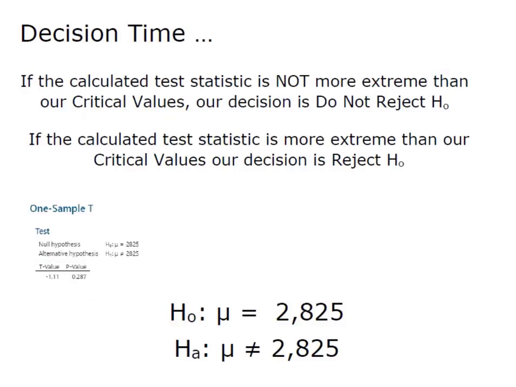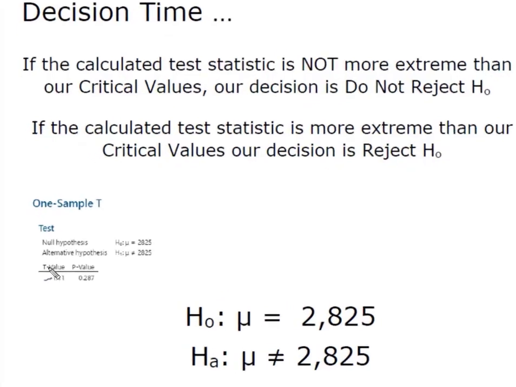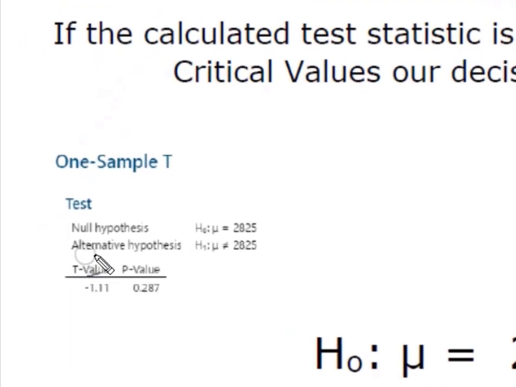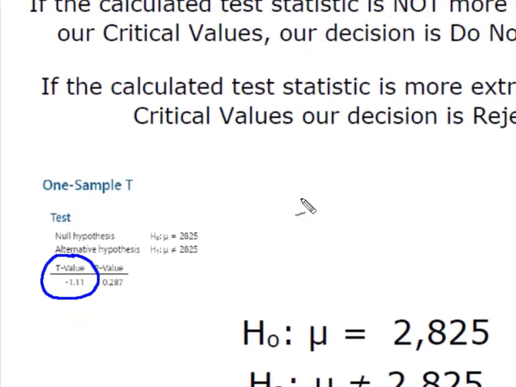Remember, if my calculated test value is not more extreme than our critical value, our decision is not to reject HO. But if we have a calculated test value more extreme than our critical values, then we will reject HO. Well, when we look here, we get a t-value of negative 1.11.